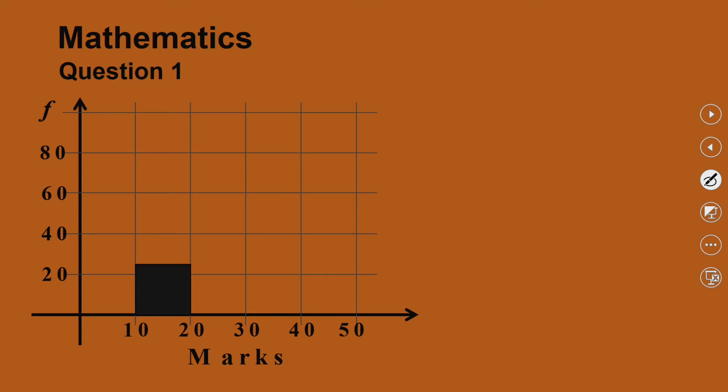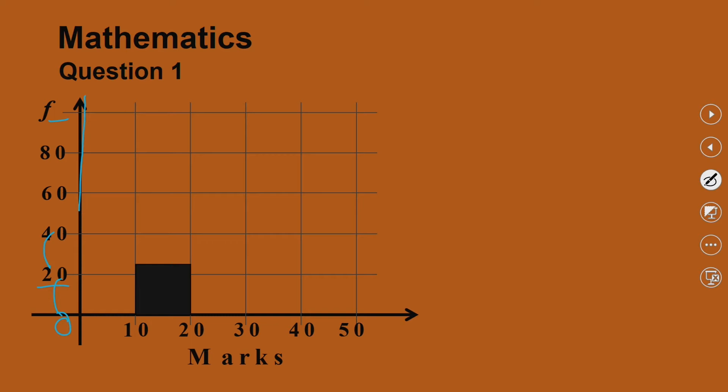First of all, the first histogram part, very important, is that you must be able to label the graph correctly. On the left-hand side here, your vertical axis, we can see that from 0 up to 20 is our scale. From 20 up to 40, so in other words, our scale is 20. This is F, which is our frequency.